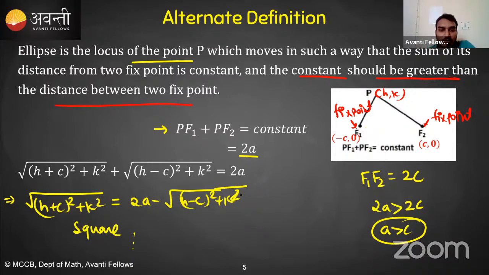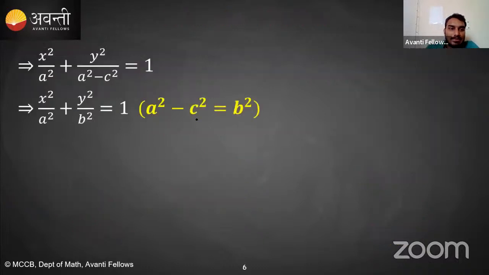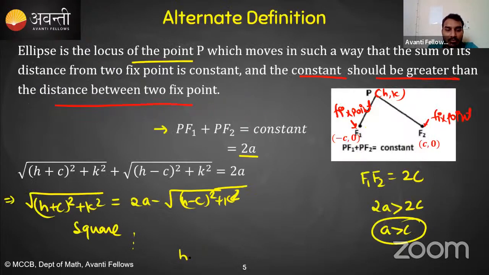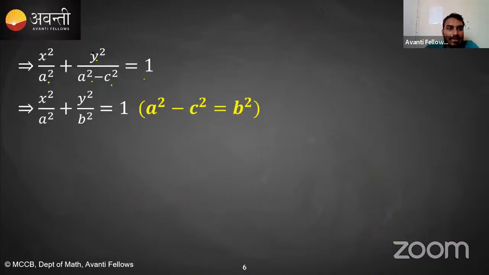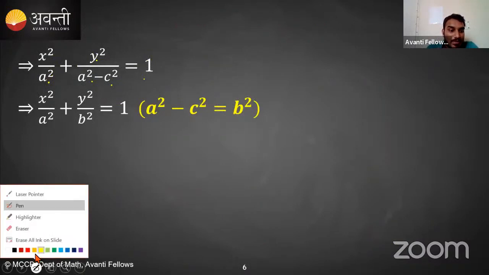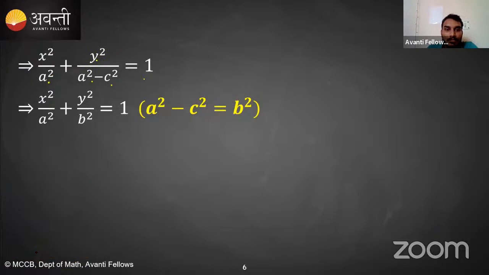Okay. Students, when you solve it, you will get the locus: x square upon a square plus y square upon a square minus c square is equal to 1. After solving it, what will you do? Replace h with x and k with y, isn't it? Yes or no? So what you will get? x square upon a square plus y square upon a square minus c square is equal to 1. Clear?